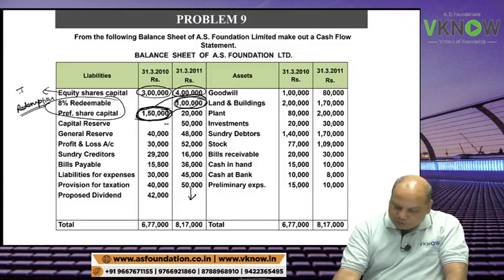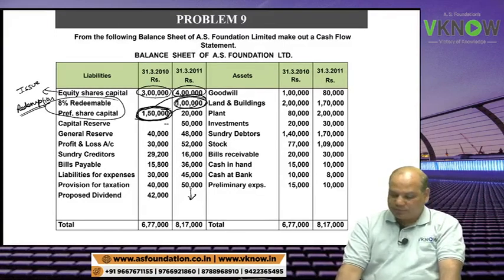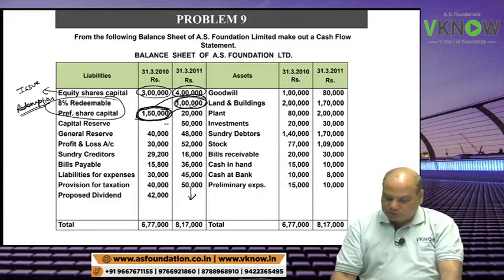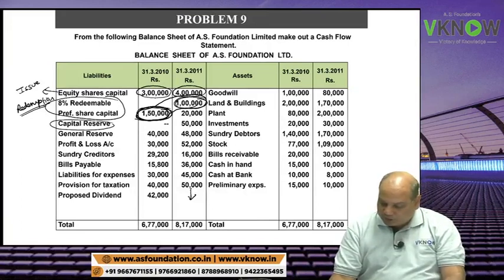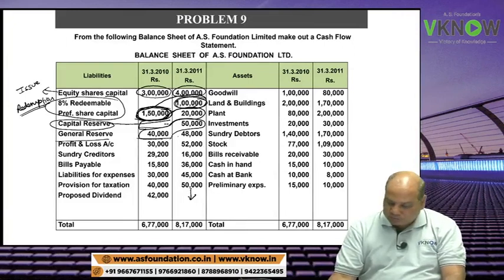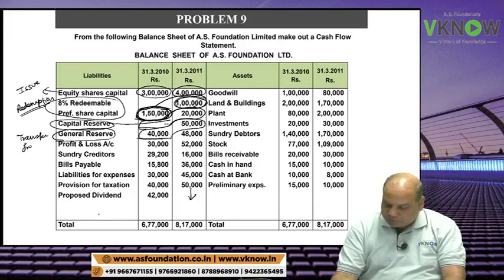In case of equity share, seems like issue of share. Then capital reserve, opening is 0, closing is 20,000. General reserve, opening is 40, closing is 50. So general reserve increase means it must be transfer from P&L account.